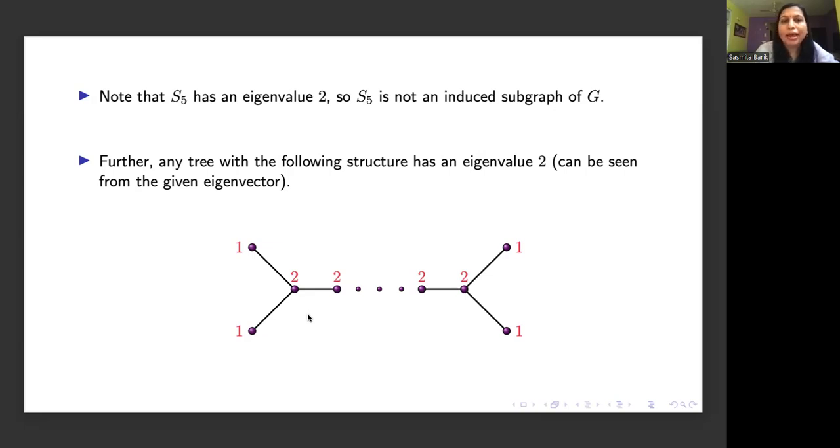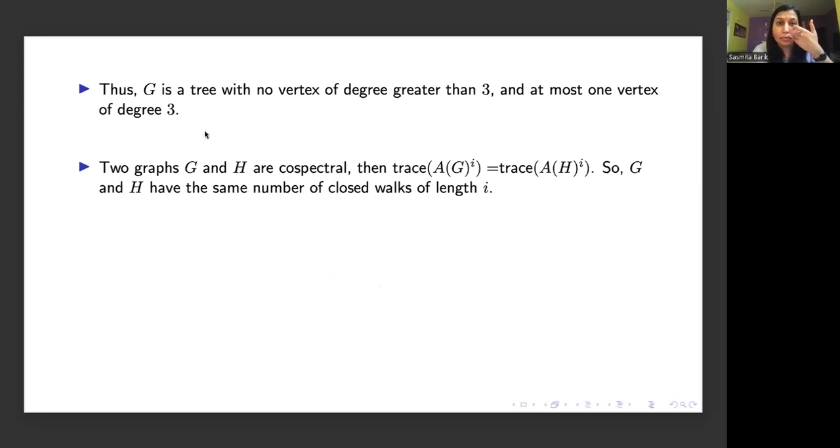So you don't have any vertex of degree greater than 3, and vertices of degree equal to 3 will be at most 1. Now, let's say there is a vertex of degree 3, and all other vertices are either of degree 1 or 2, which is allowed.